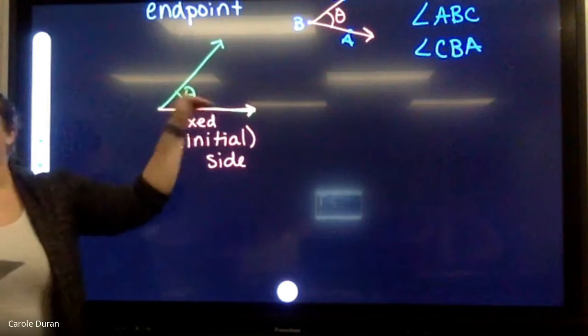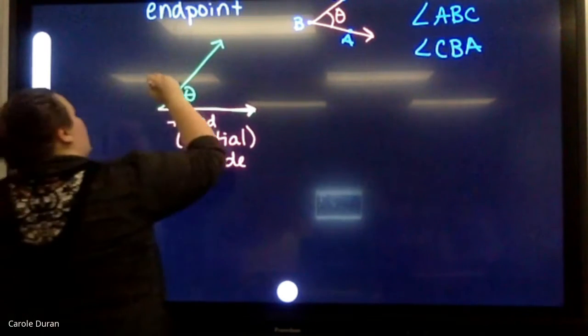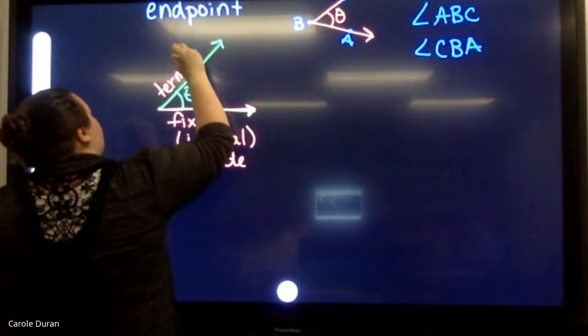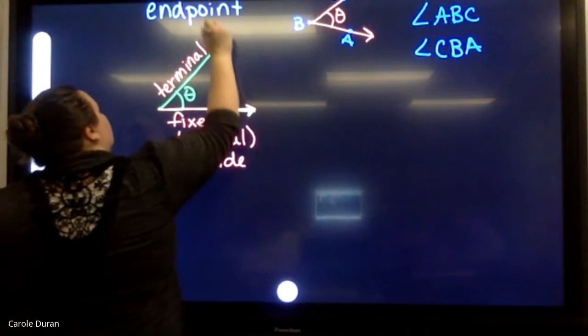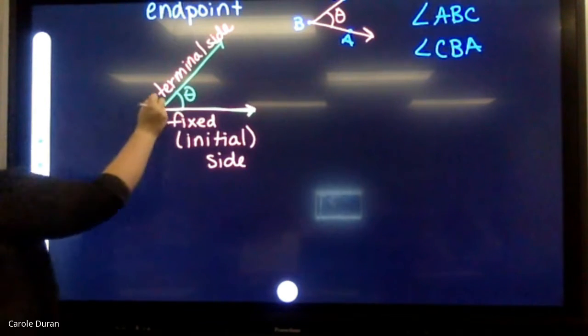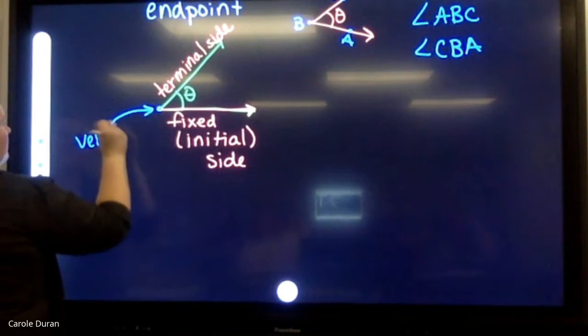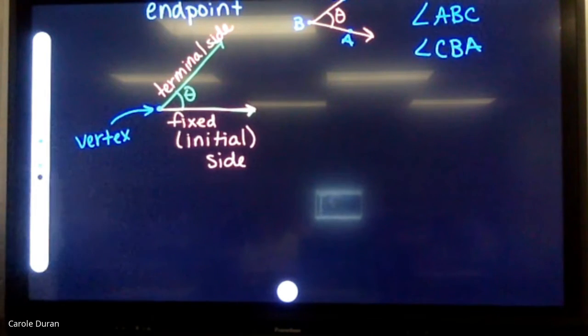So this one is fixed. It is unchanging. The one that changes, however, is called the terminal side. And then the point where these two rays meet is called the vertex.